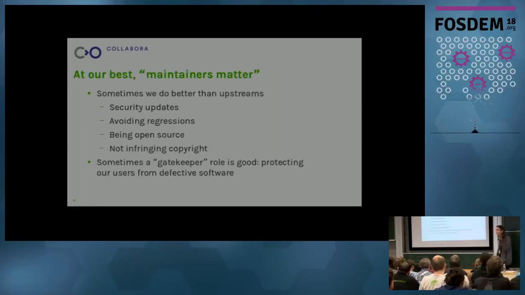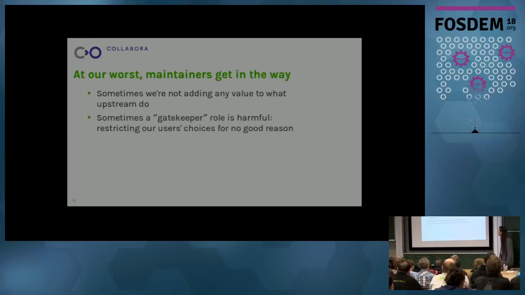Because, you know, in an ideal world, we have enough maintainers for doing all these things better than upstreams can, you know, keeping everything up to date, doing QA to make sure it doesn't regress, making sure the licensing is actually reasonable, and that kind of thing. And at our best, we can protect our users from bad software. But sometimes we don't actually add value.